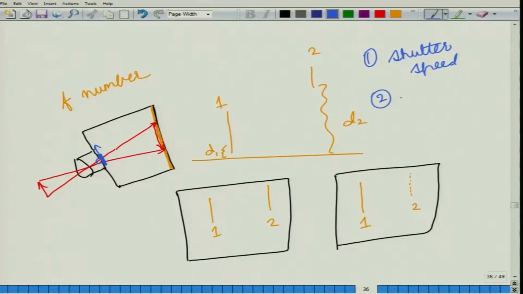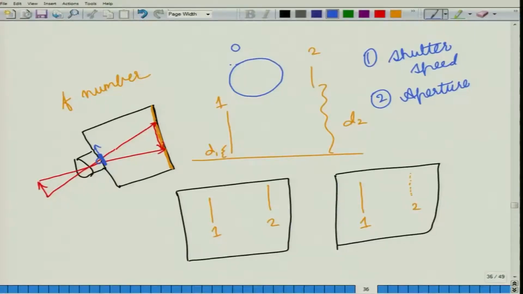And the second thing is called the aperture. Aperture is the size of this hole. So, if we had a very small hole that is giving us very little light, we would want to expose our film for a larger duration of time. On the other hand, if we had a bigger hole that is permitting lots of light to come in, we would like to have a very short exposure time.